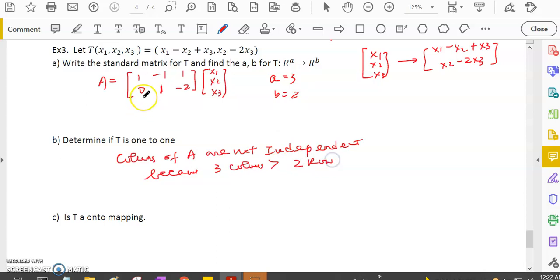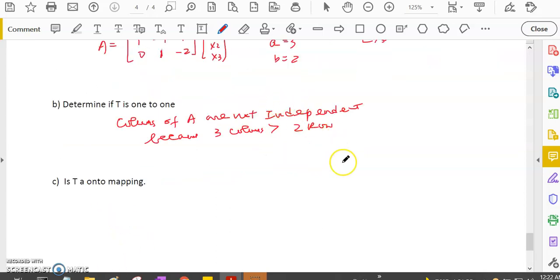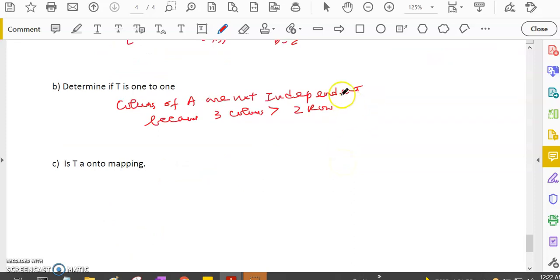If two of them are not multiples of each other, they are independent, but if you have a third one, you cannot be. So they are not one-to-one. That means if you solve Ax equals b, some b will have two solutions. So this is the definition of one-to-one.